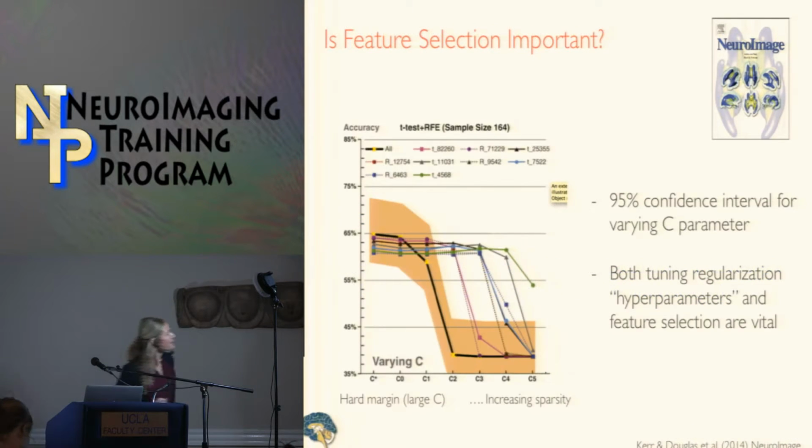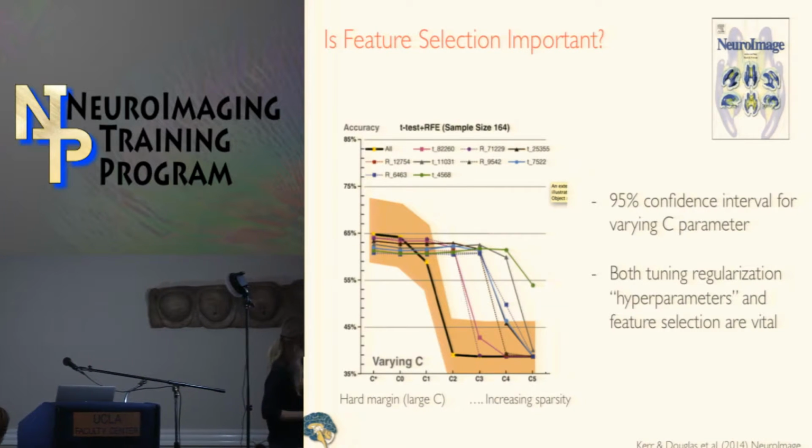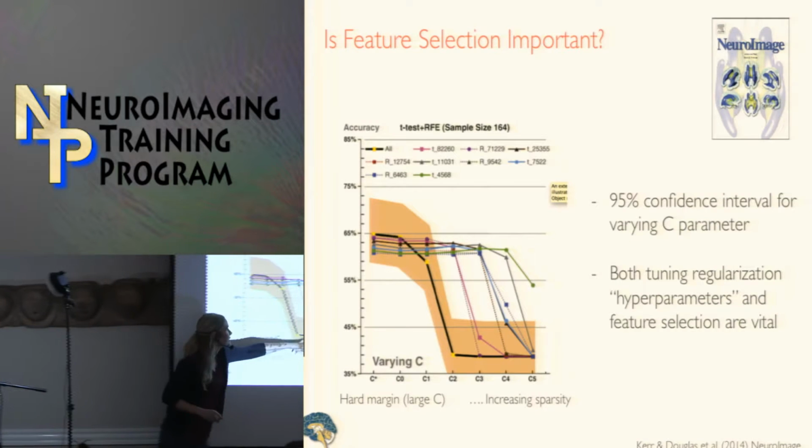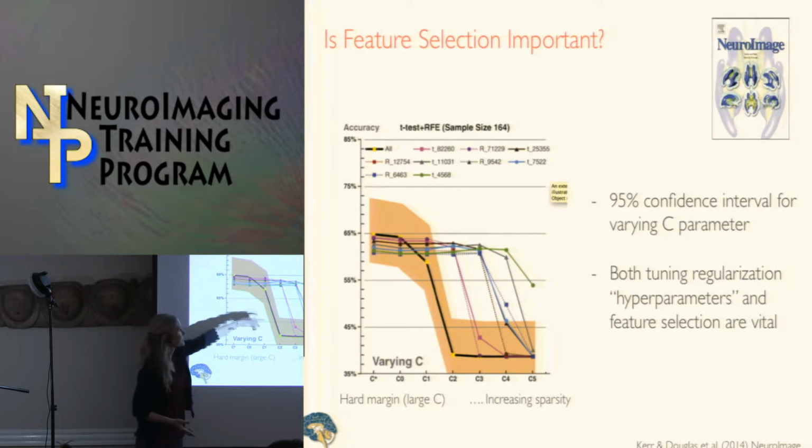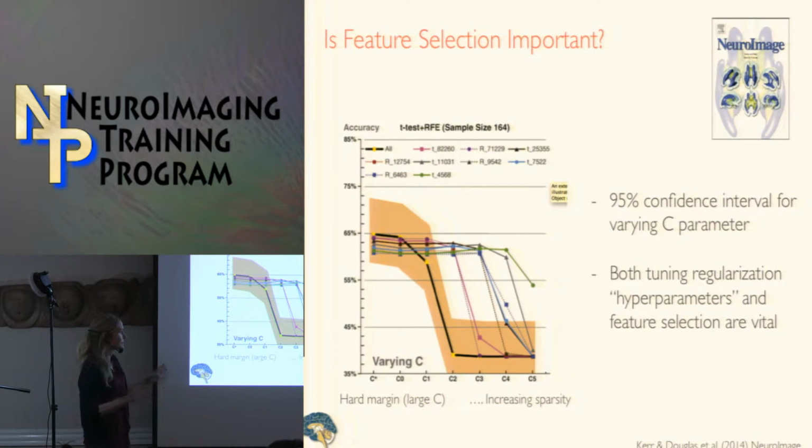But if you take a closer look at his data, I think it's actually kind of interesting. This black line here represents the classification accuracy if you're using all of the voxels in the brain. And these other curves represent the accuracy for different variations on the t-test filtering or the support vector machine recursive feature elimination.